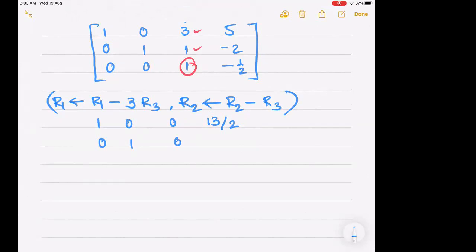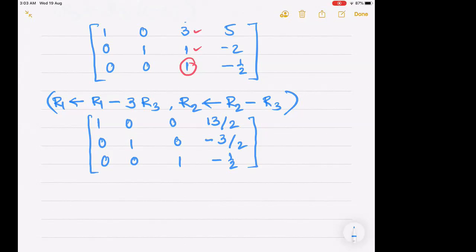I'm just subtracting. So this is minus 2 plus half, which happens to be minus 1.5, which is minus 3 by 2. This is 0, this is 0, this is 1, and this guy is minus half. Yeah, is that all right? So this is what we have.